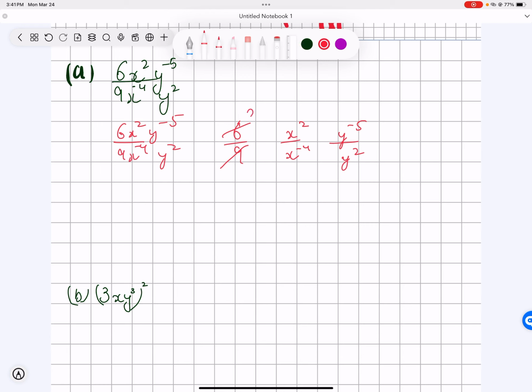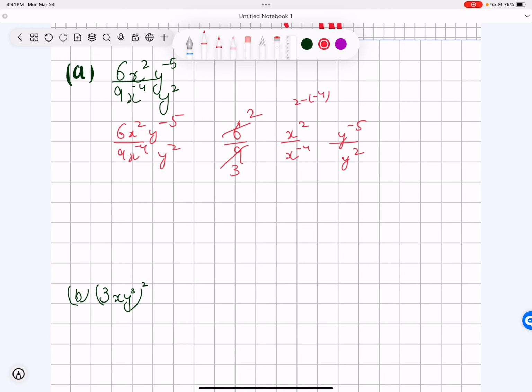So it's going to be 2 over 3, and then I have x: 2 minus minus 4, and if we subtract them, it's going to be 2 minus minus 4.